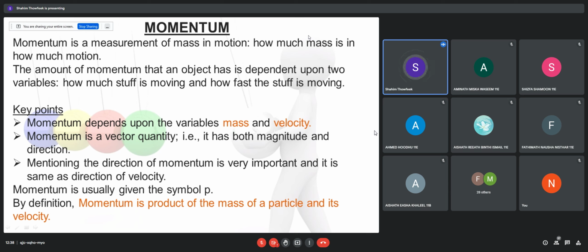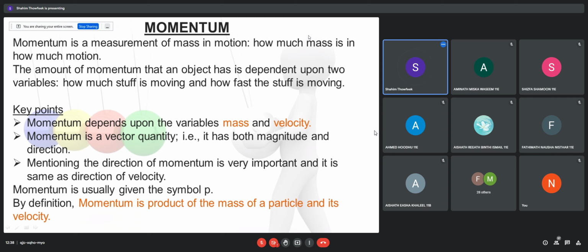Then I need mass to calculate momentum. The next one is how fast the mass is moving. Then I need the velocity. I need both mass and velocity. We'll see how to find the momentum of an object.